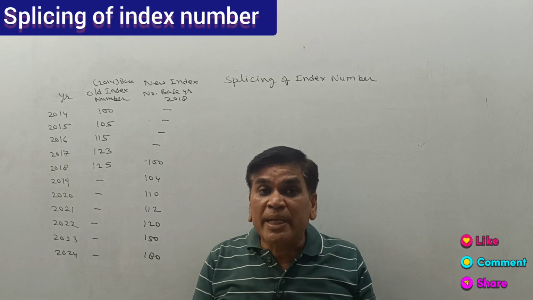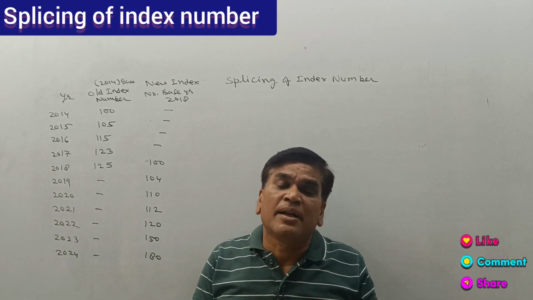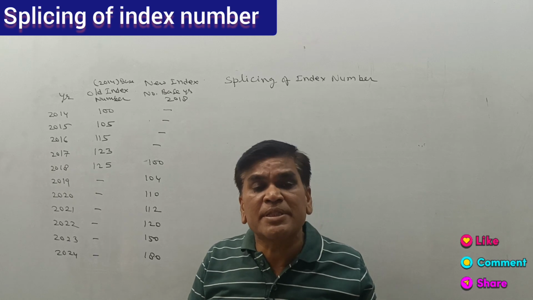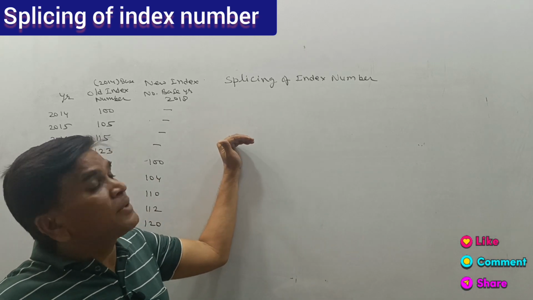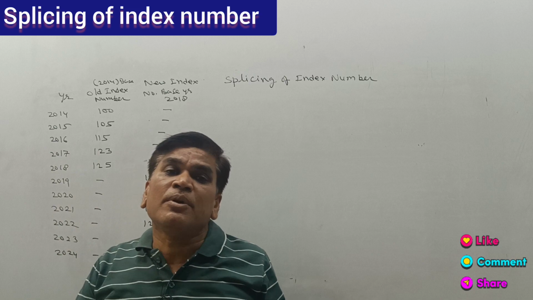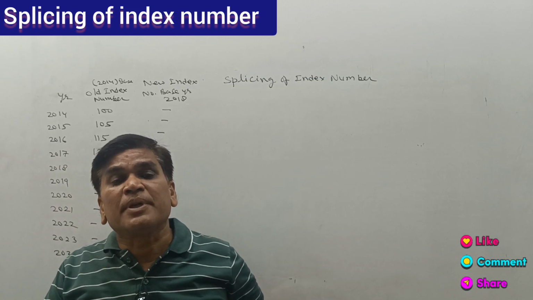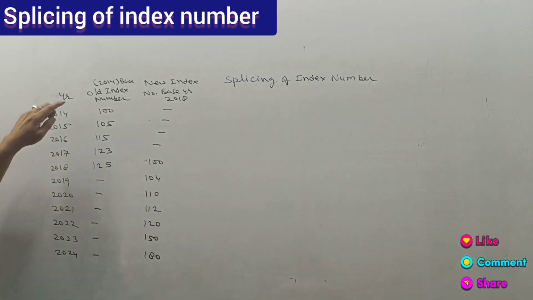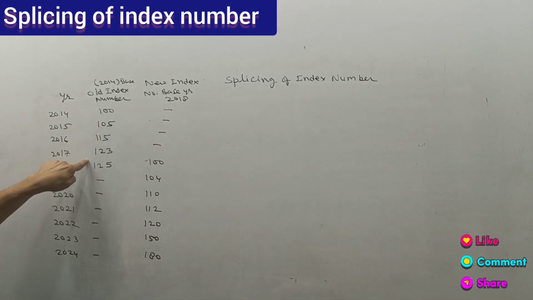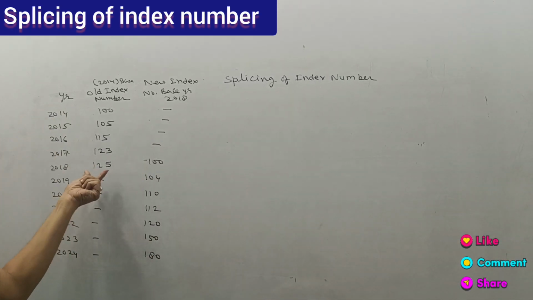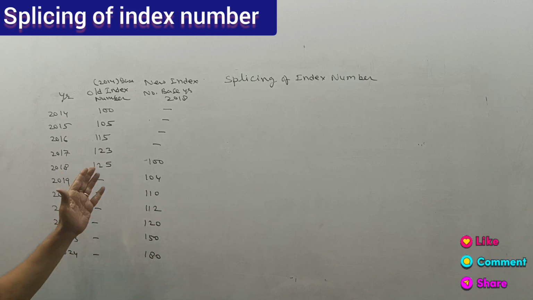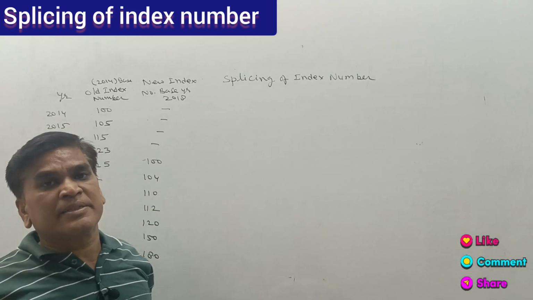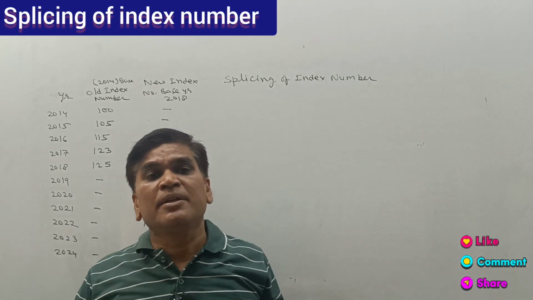So to get one index series, how can we do the splicing of index numbers? The splicing of index numbers may be of two types. It may be forward, it may be backward. Forward in the sense that this will carry equally and this index number depends on this. So that will be called forward splicing.